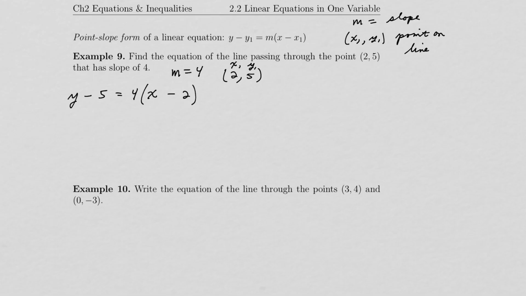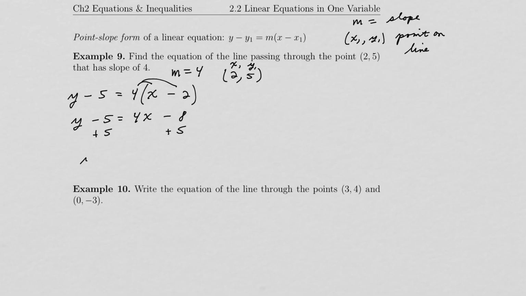And then typically you write your final answer in the y equals mx plus b form, right? The slope-intercept form. So to do that, let me just distribute the 4. So I have 4x minus 8. And then I'm going to get y by itself, so I'm going to add 5 to both sides.